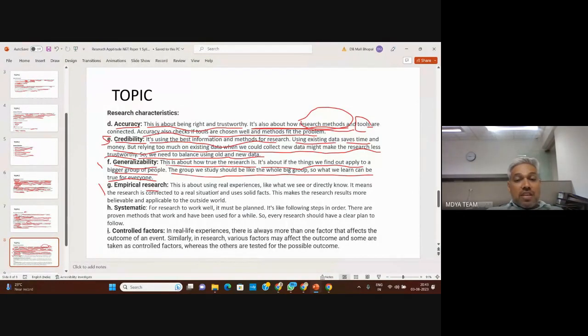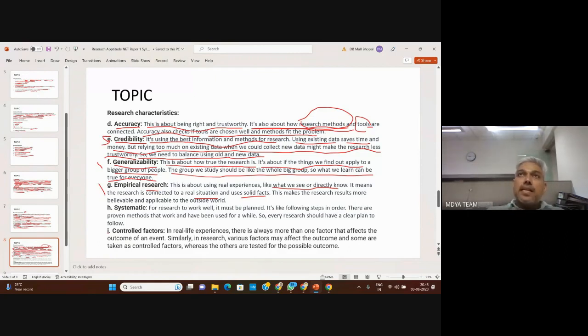This is about using real experience. Empirical means whatever you have experienced, that is empirical. Like what we see or directly know, it means the research is connected to the real situation and uses solid facts. See, I have my own experience. Like during my sadhana, I salute in the morning, Surya Namaskara.